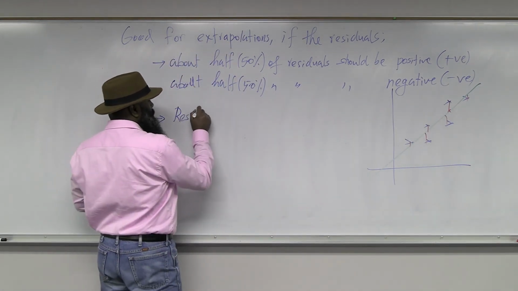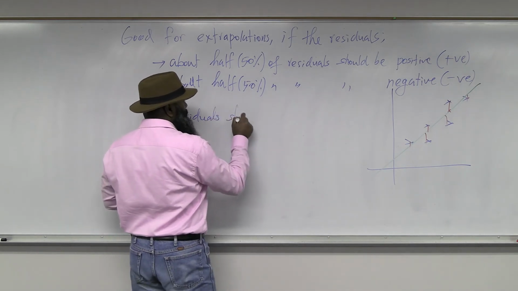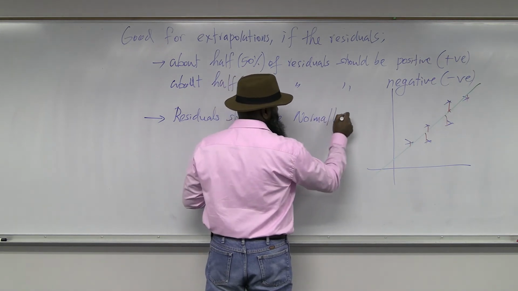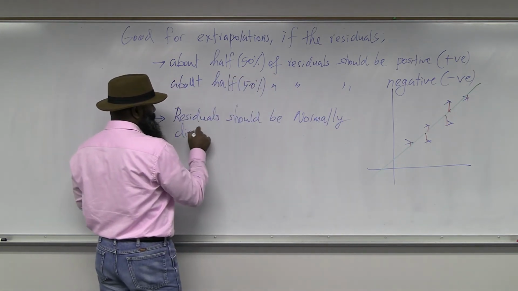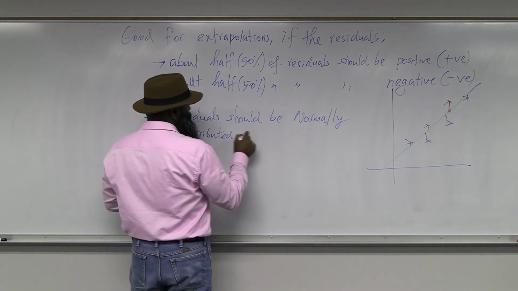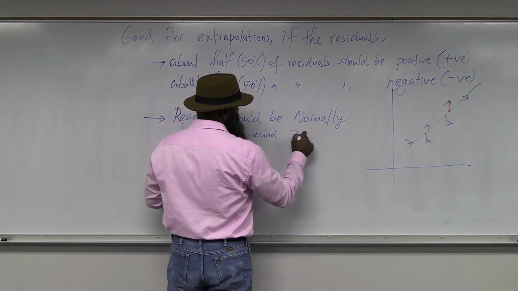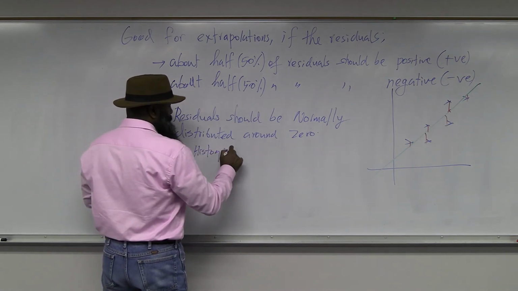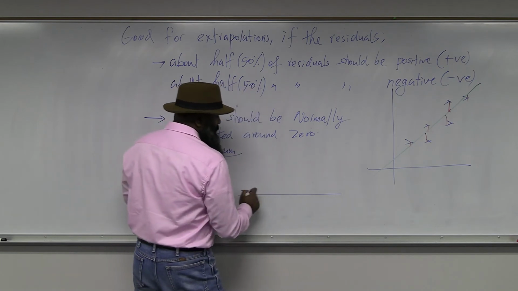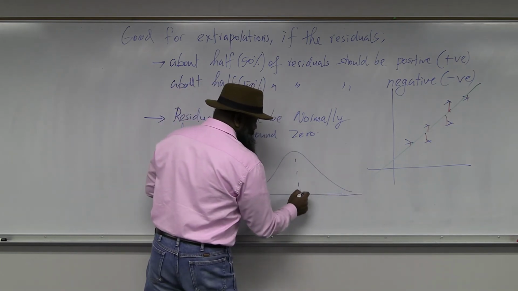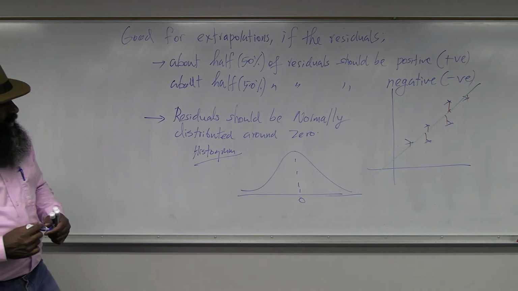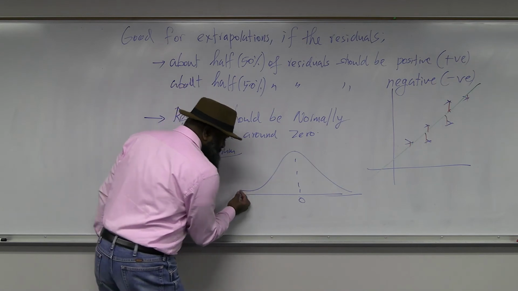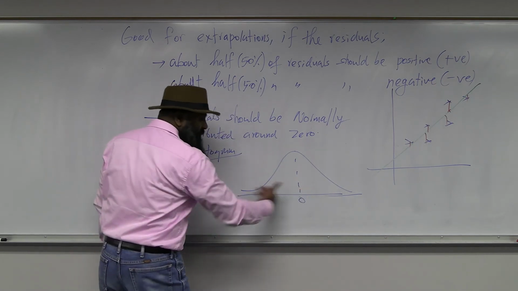Residuals should be normally distributed around 0. That means your histogram of residuals should look like this. Most of the residuals should be around 0. Just a few residuals will be very large and positive, and just a few residuals will be negative and away from 0. Okay.